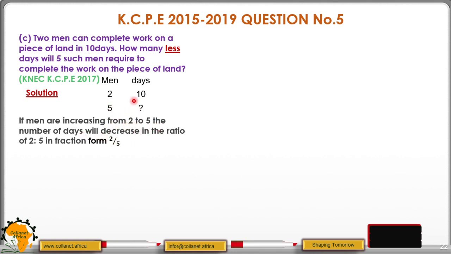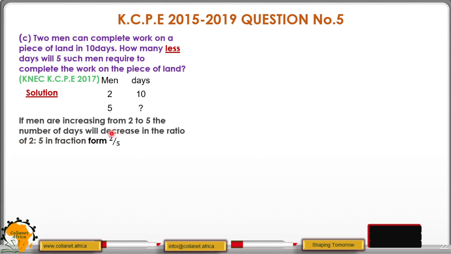So the days will change in the ratio of 2:5. It is good to note that when you are looking at a decreasing ratio, you start with the small one going to the big one.